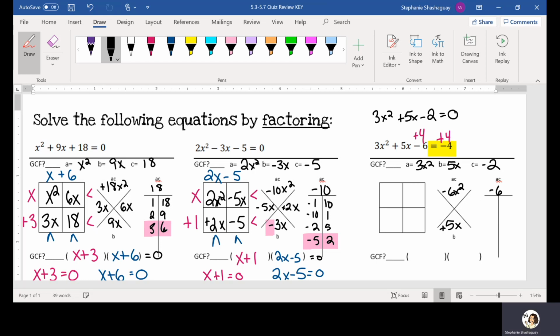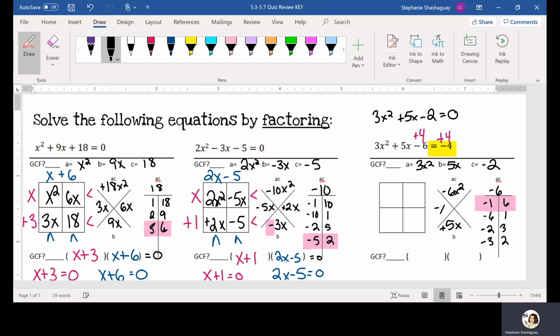The terms that multiply together to give me negative 6 and add to give me a positive 5 could be negative 1 and 6, negative 6 and 1, negative 2 and a positive 3, or negative 3 and a positive 2. So based on those factors of negative 6, which ones are going to add together to give me a positive 5? Well, that's going to be negative 1 and 6.